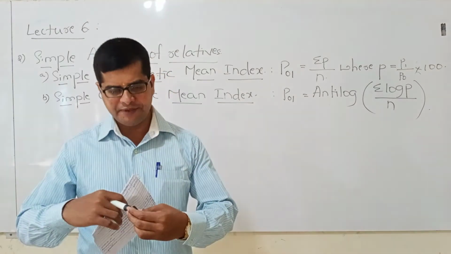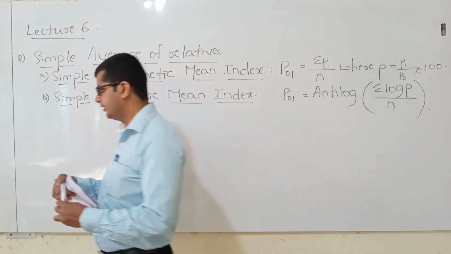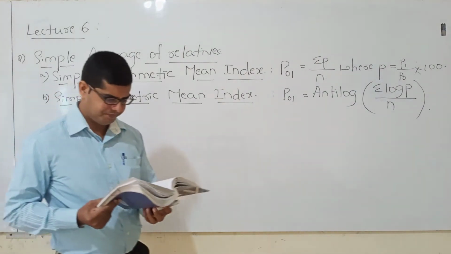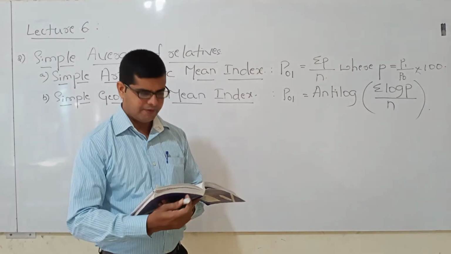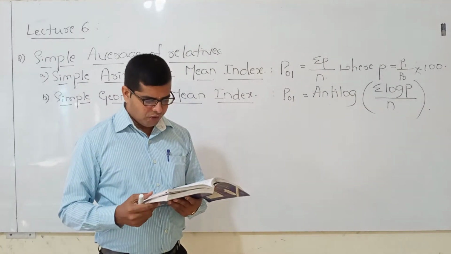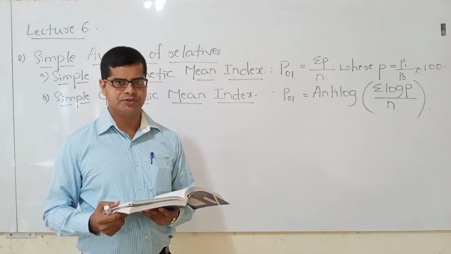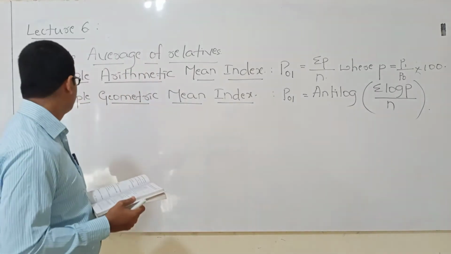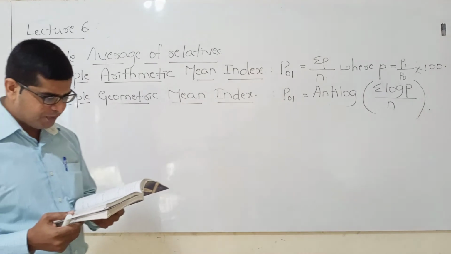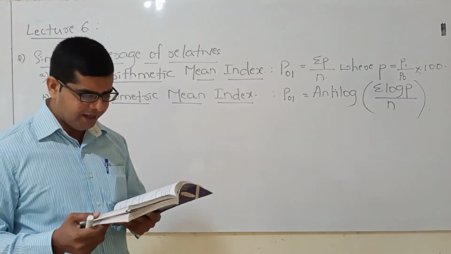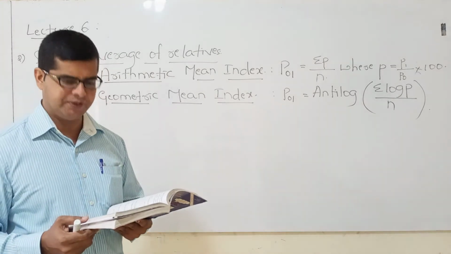So I read the problem here. Problem number 3. From the following data calculate. All these are some more direct questions where we apply the formula directly. From the following data calculate A, unweighted arithmetic mean index number.